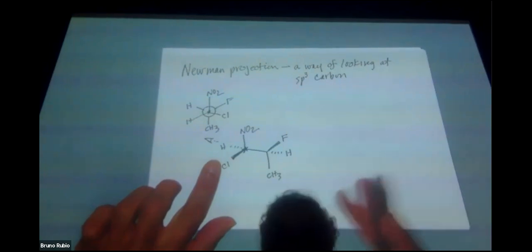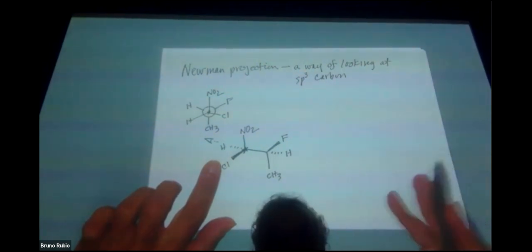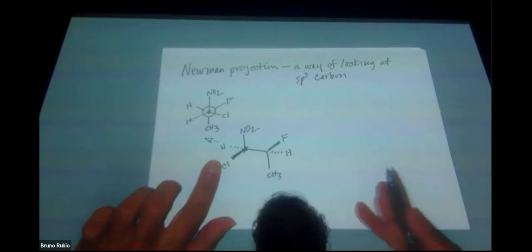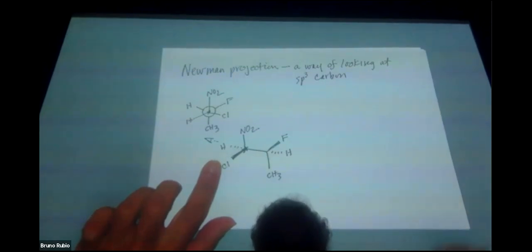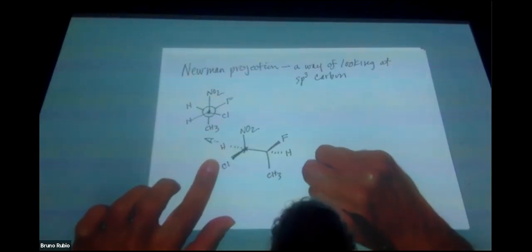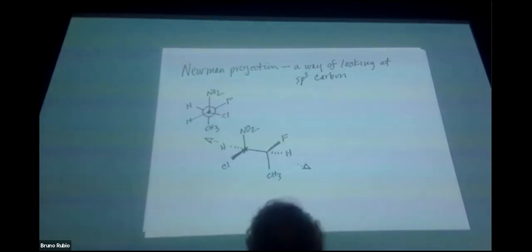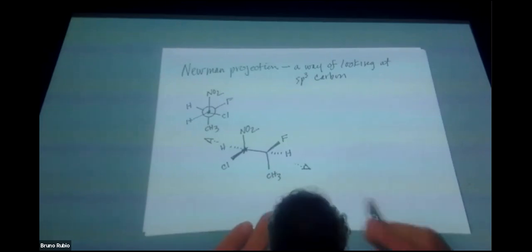But it's not the only one, because the Newman projection's appearance is going to change depending on my vantage point. So I could also imagine myself standing here, sighting down this bond. But now the Newman projection is going to look different because my vantage point has changed.